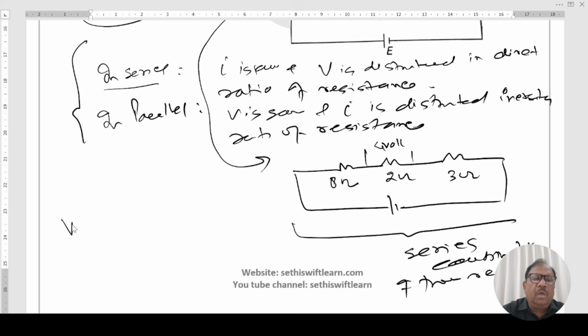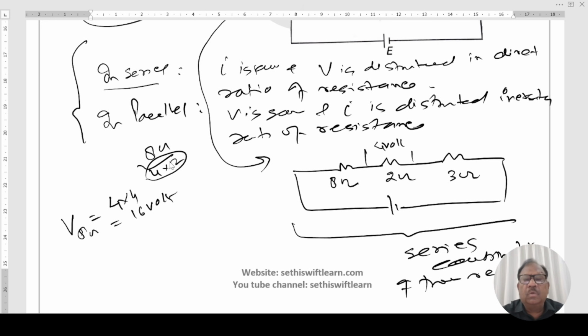So V across the 8 ohm resistance will be 4 times 4, that is 16 volt, because 8 ohm is 4 times 2 ohm, which has 4 volt across it. Similarly, V across 3 ohm will be 1.5 into 4, that is 6 volt.